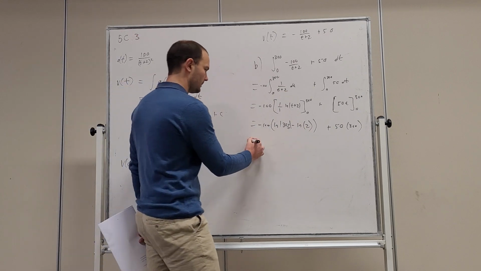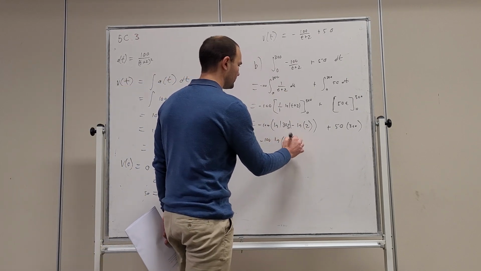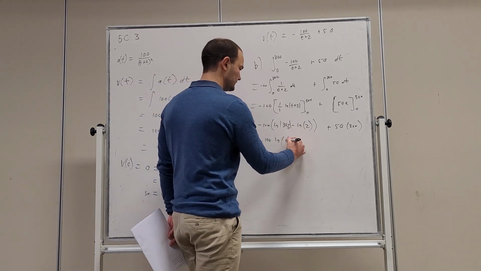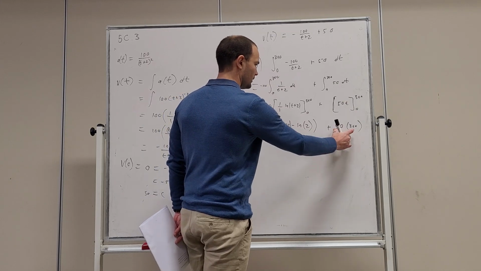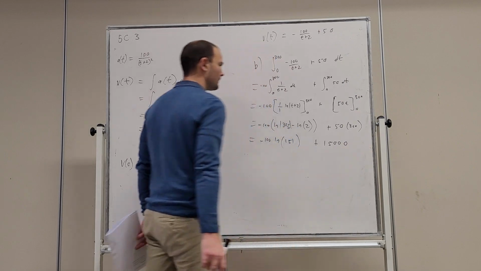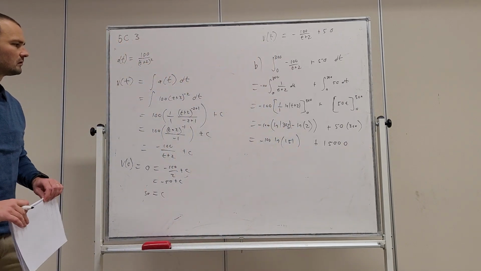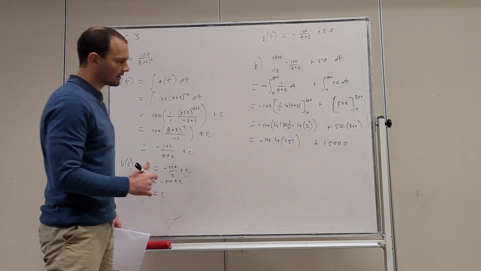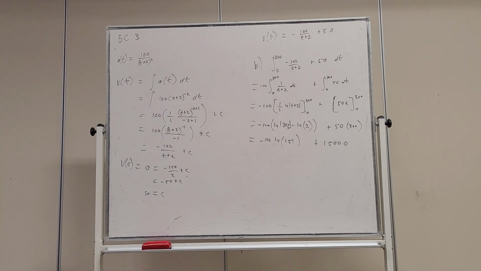Alright, what's this? Minus 100 ln of 151, plus 15,000. So that's the answer exactly right. Let's convert it to 3 significant figures.